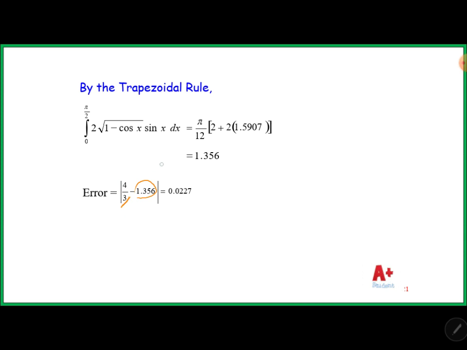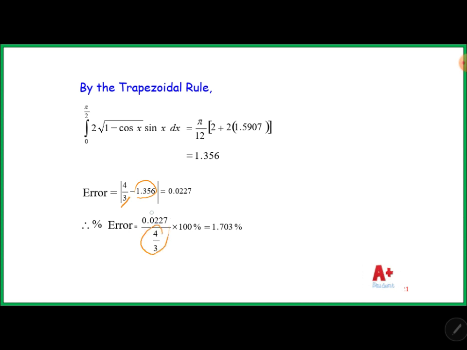And then we put the absolute value here because we want to find the percentage of error. Okay, so exact minus approximate, 4 over 3 minus 1.356, we get 0.0227. And then for the percentage, we have to divide with the original value.